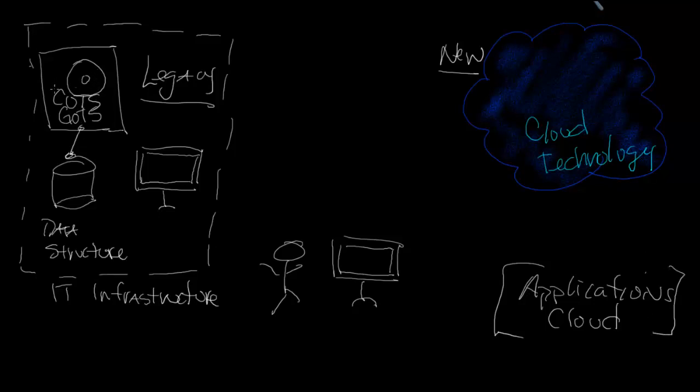So let me get going here. We have the GOTS application or COTS application running off a database. We know that it delivers that data to a PC somewhere. This is more of the application layer, or the presentation layer.